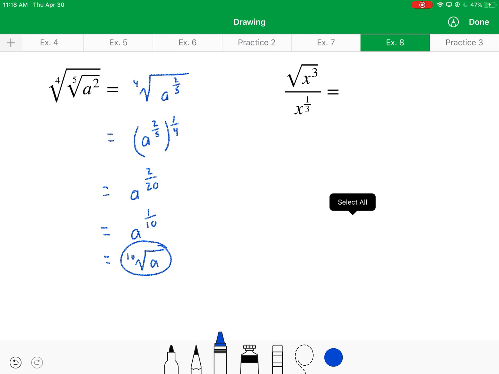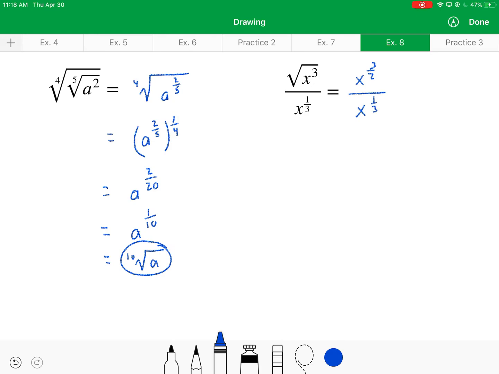Next, square root of x cubed divided by x to the 1/3 power. If I were to try to take that denominator and put it in its radical form, I'd have a cube root, which doesn't have the same index as the numerator. So it's actually going to be beneficial to convert the numerator into exponent form. Let's make this x to the 3/2 divided by x to the 1/3.